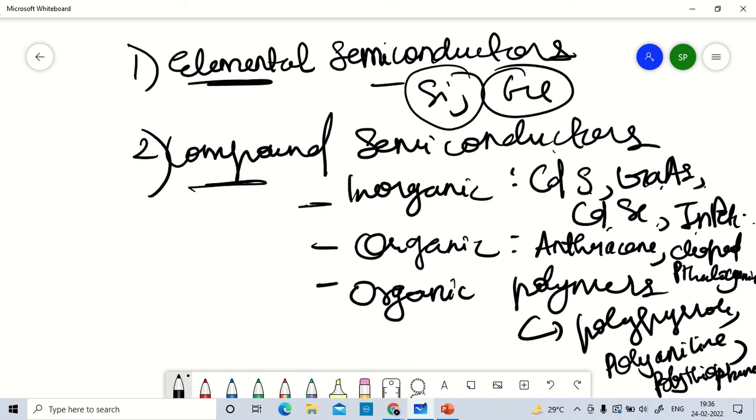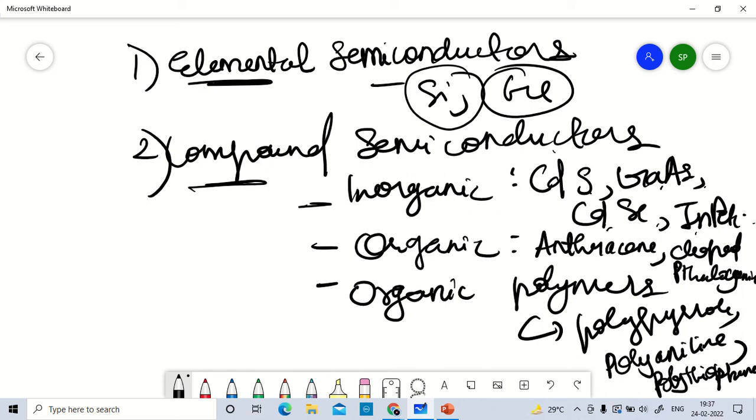Organic polymers: polypyrrole, polyaniline, and polythiophene.